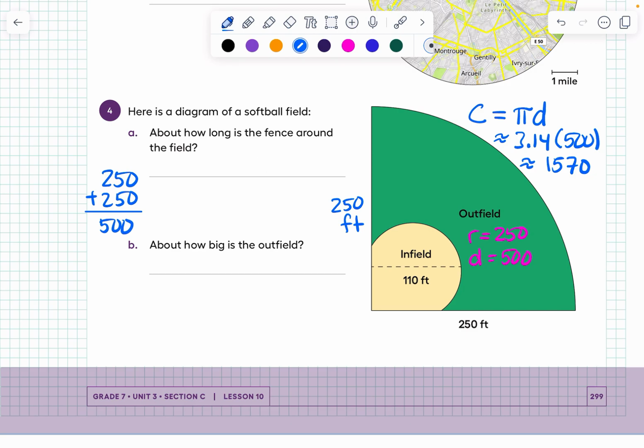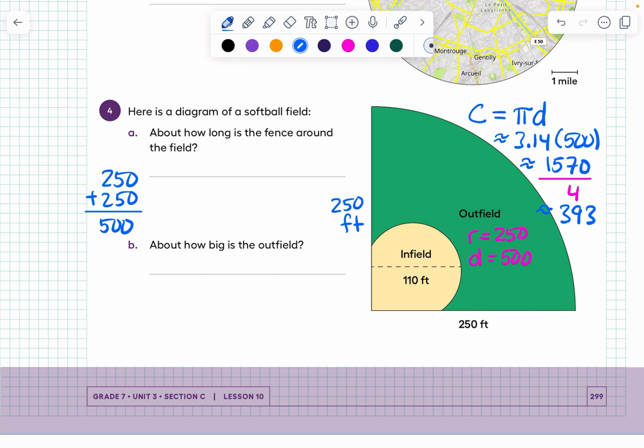Okay, now I'm going to divide this by 4 because it's 1/4 of a circle. So 1570 divided by 4 is approximately 392.50. Okay, but let's just say 393. So it was 392.50, but we can go to the nearest whole number.